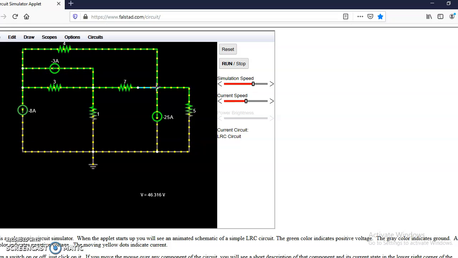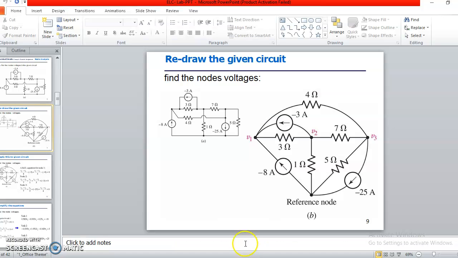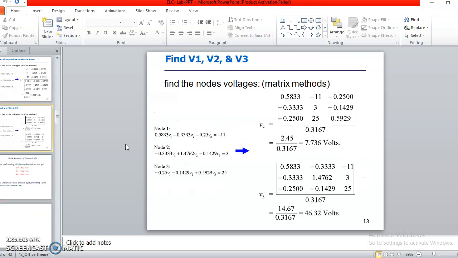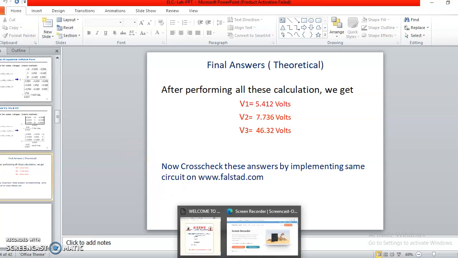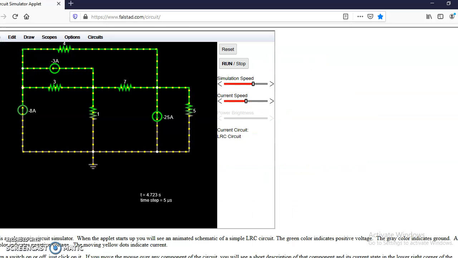These are the exact same answers we got while solving this numerical theoretically. You can cross-check here: V1 5.412, V2 7.736, V3 46.32. The same results you are getting over here.